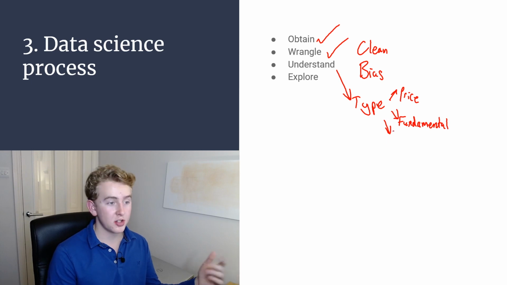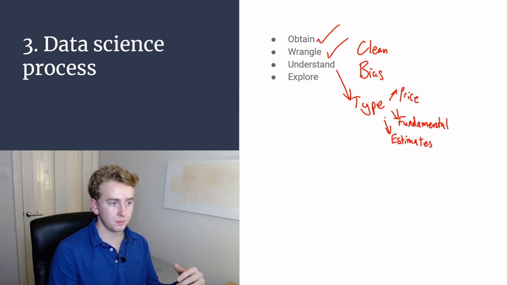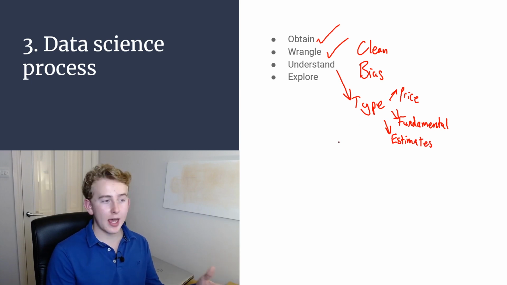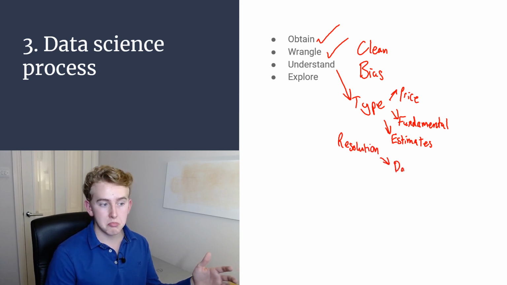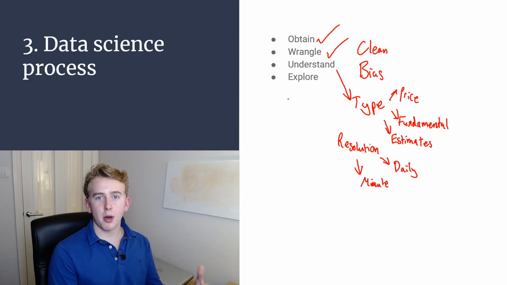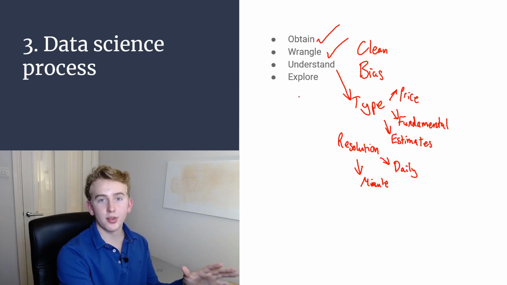Or is this potentially analyst estimates on the earnings of different firms? And then we're going to look at the resolution of the data. This could be whether it is daily data or minutely data. And then the next part is exploring the data, which is part of the research process as well, which we're going to go into next.